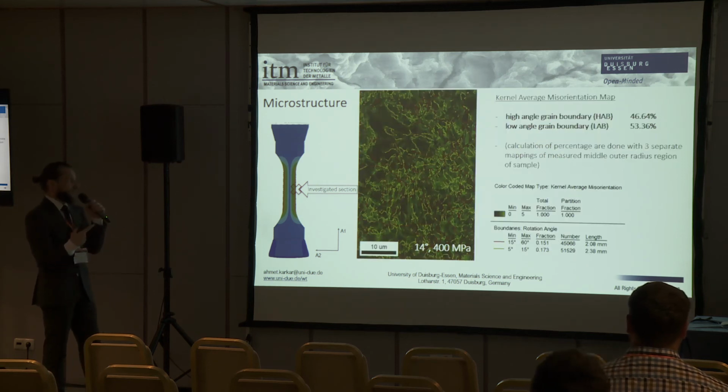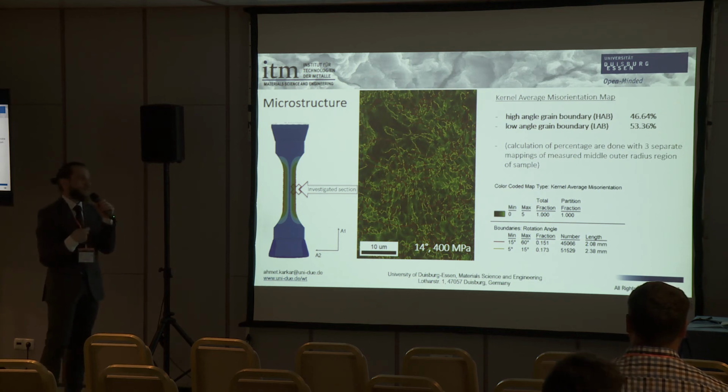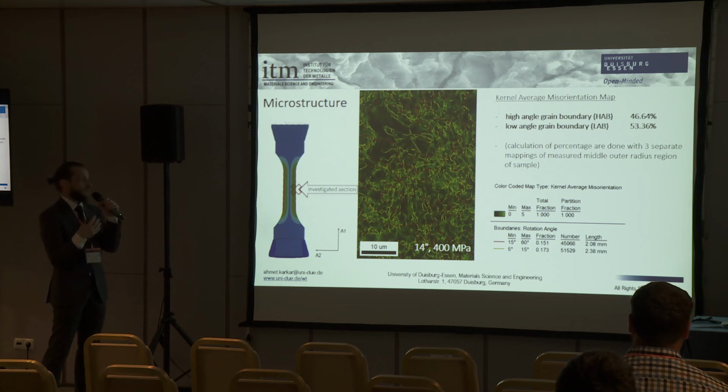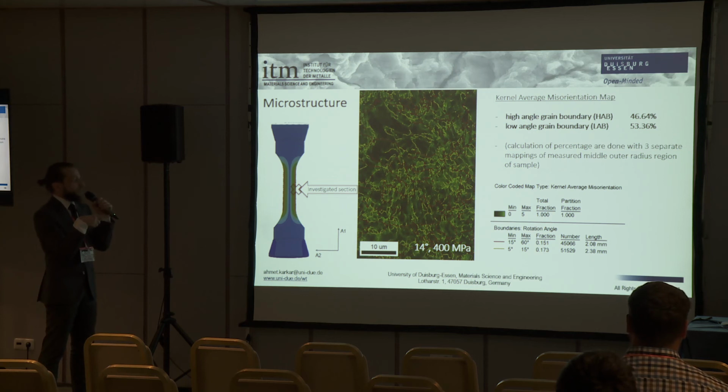If you look at the kernel average misorientation map, we can see the high angle and low angle boundaries. Here the yellow lines are the low angle boundaries, represented by 53%. The light green areas are misorientations under 5%.